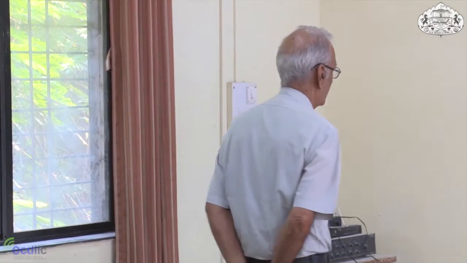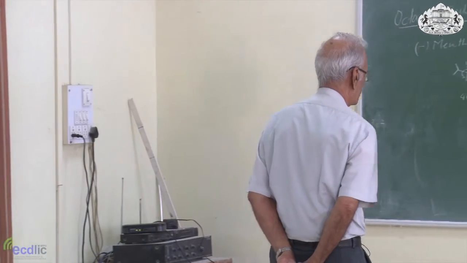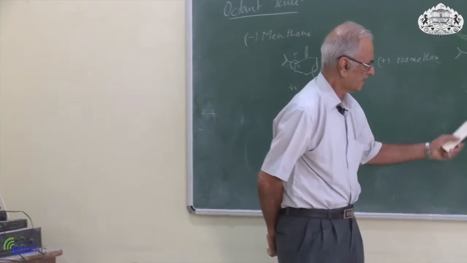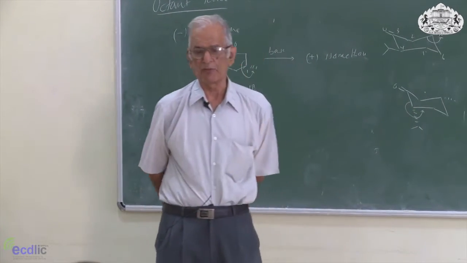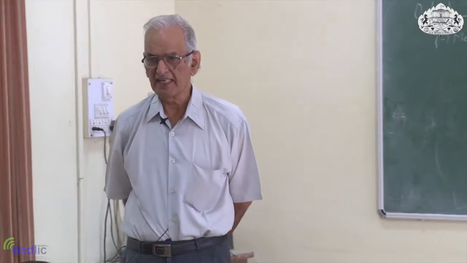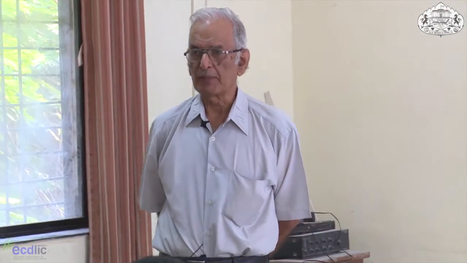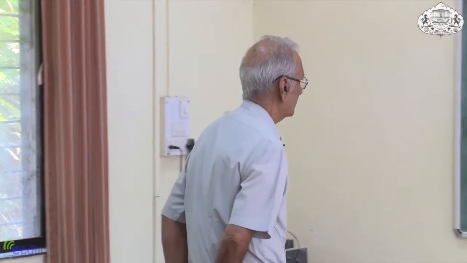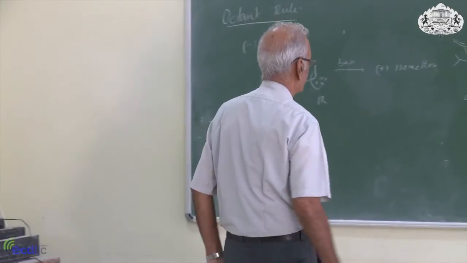The sign of the Cotton effect is strong positive, we want to find out what is the conformation. What is our expectation? Since the isopropyl group is the larger substituent, what do we feel? The isopropyl group would prefer to be equatorial. Therefore, I should make a ring flip.